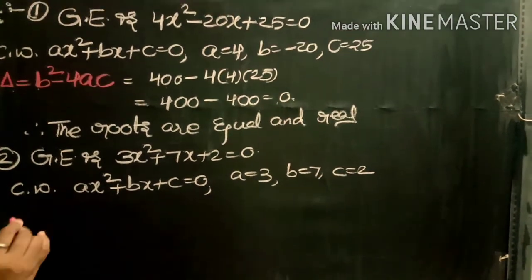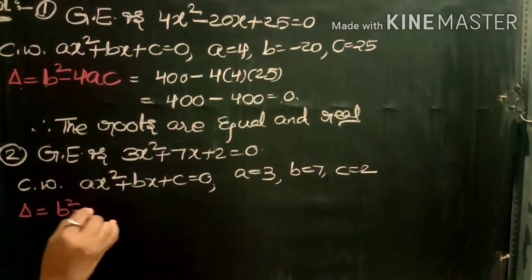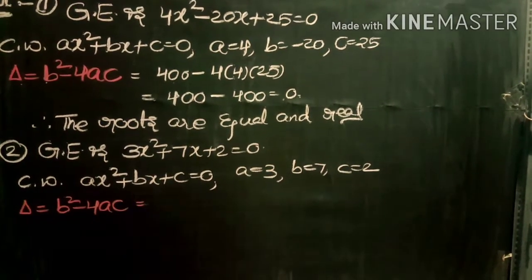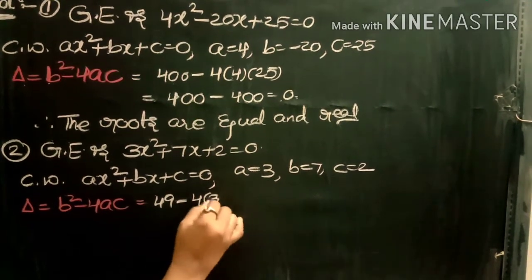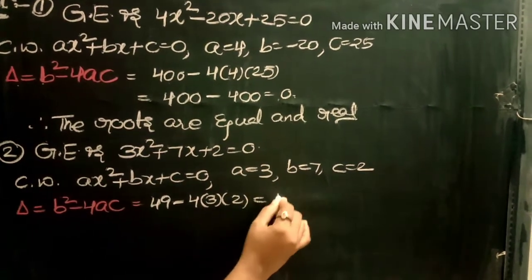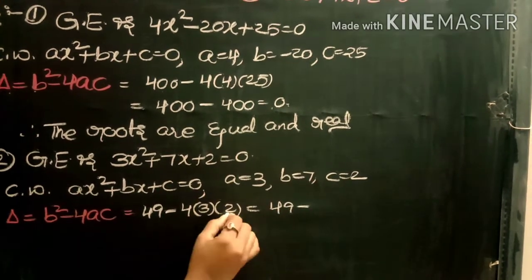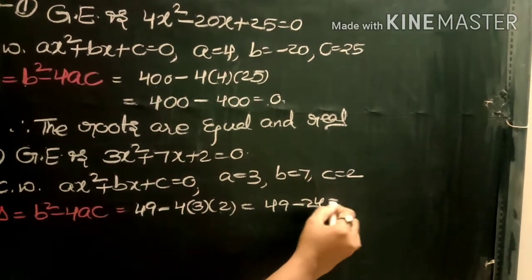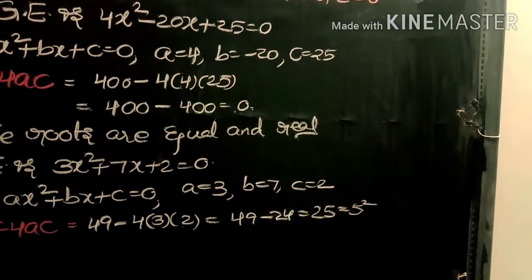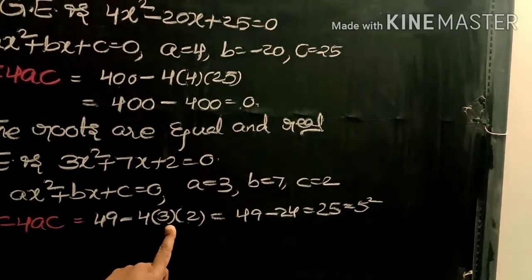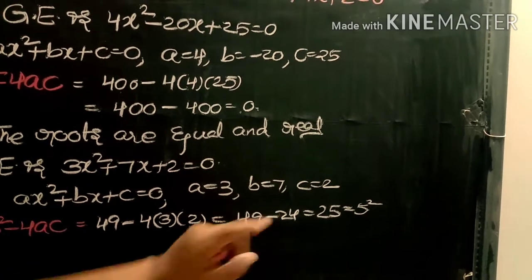Again finding the value of delta, that is b square minus 4ac, the discriminant value, which is equals to 7 square, 49, minus 4 into 3 into 2, that is 49 minus 24, that is 25, that is equals to 5 square.